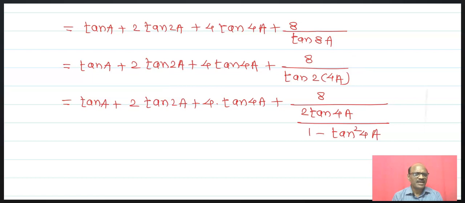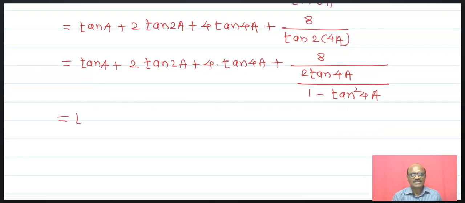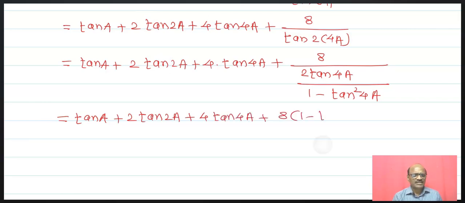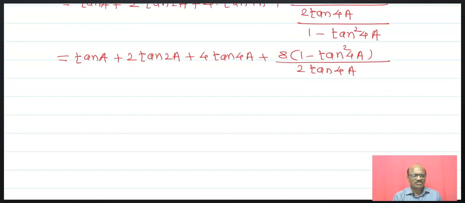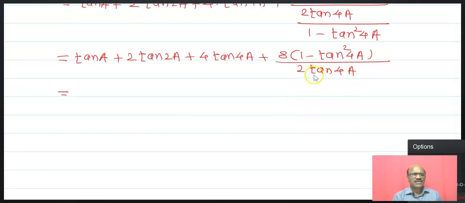Now, multiplying by the reciprocal, the term will come in this manner. Tan A plus 2 times tan of 2A plus 4 times tan of 4A plus 8 in bracket 1 minus tan square 4A upon 2 tan of 4A. Now simplify this. This is a very important step here.